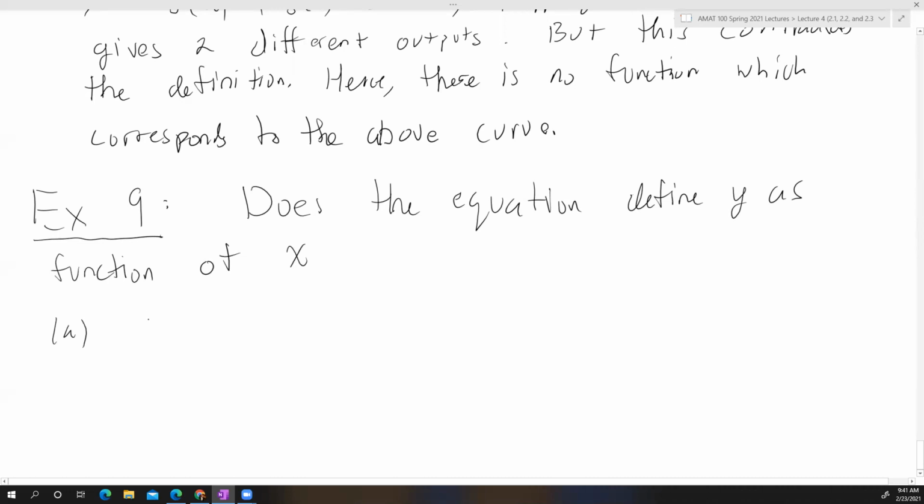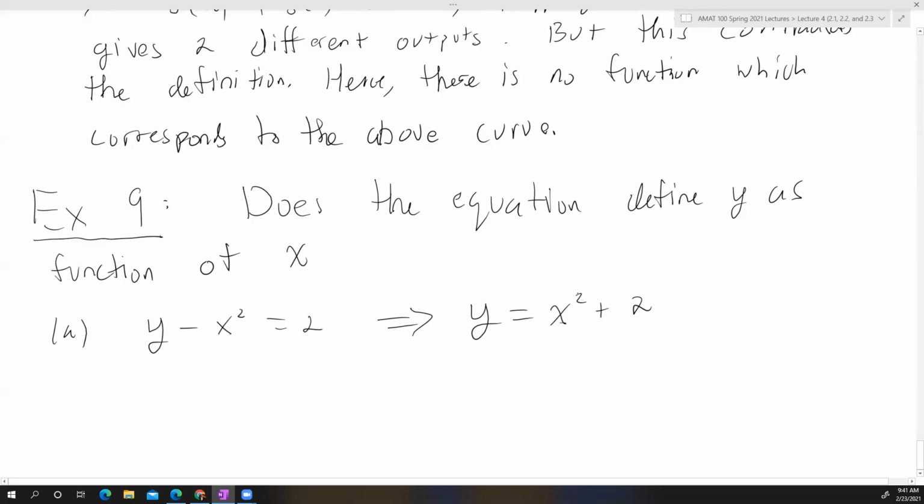So for the first part, we have the following equation: y minus x squared is equal to 2. For this, the answer is yes. It's pretty simple because you can solve for y. When you solve for y, you get x squared plus 2. And no matter what value of x you plug in, you get exactly one value of y. You can just test this with a few examples.